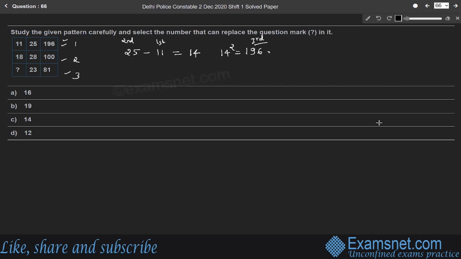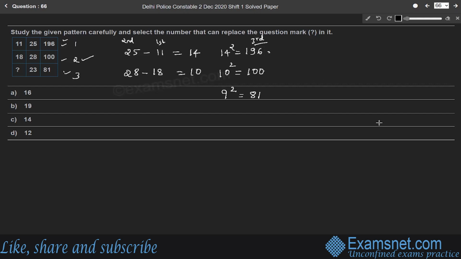So similarly, second row. The third number is 100. So 28 minus 18 is equal to 10, and its square is the third number. Similarly, in the third row, the last number is equal to 81, which is square of 9, right?